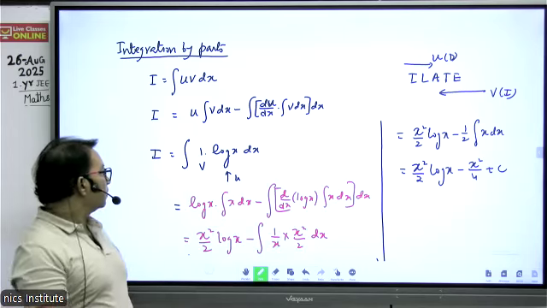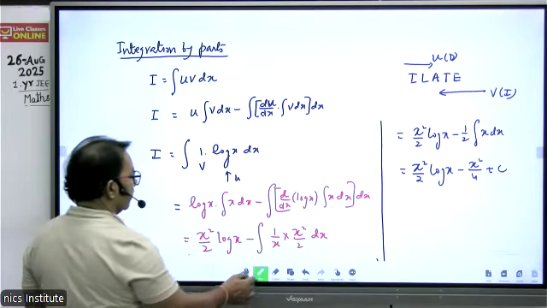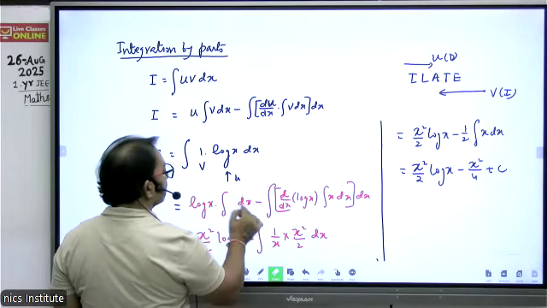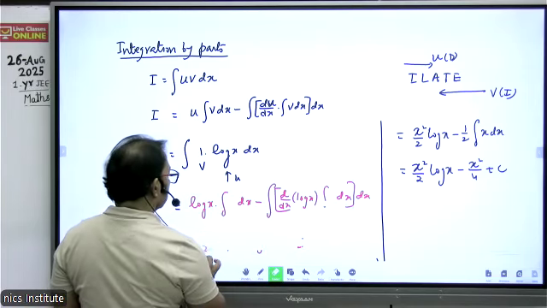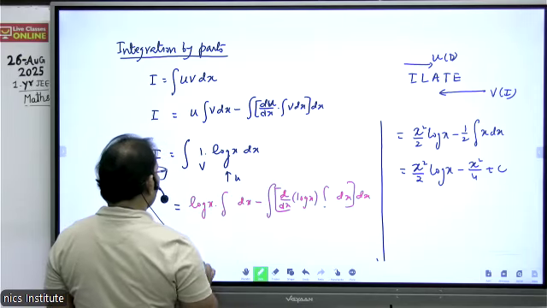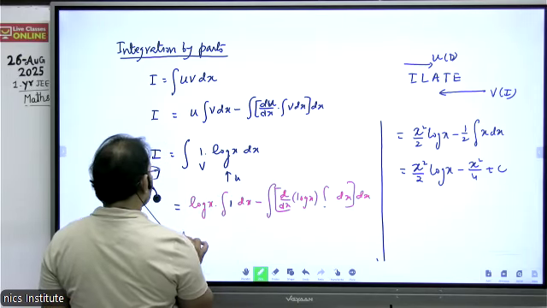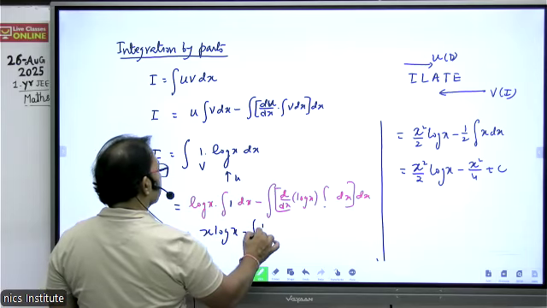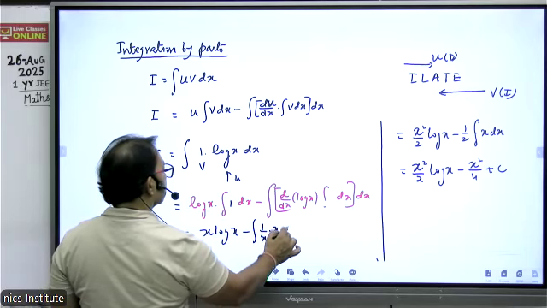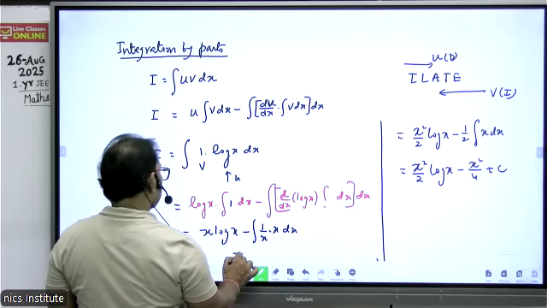You should know what is integration of log x. Remember the formula. So if it's 1 dx, so integration of log x would be x log x, it is 1 by x, integration log x. So remember this formula.